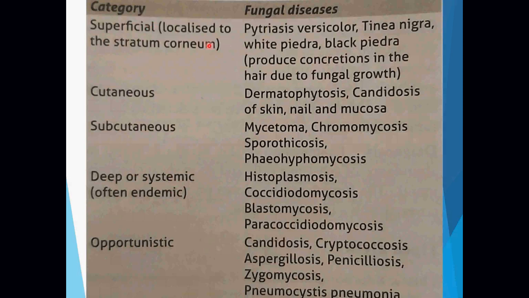Superficial infections are the fungal infections localized to the stratum corneum, the dead part of the skin, and there are no inflammatory reactions, redness, or itching in these patients. These are Pityriasis versicolor, Tinea nigra, white piedra, black piedra. Cutaneous infections involve the living part of the skin, and they are the dermatophytes.